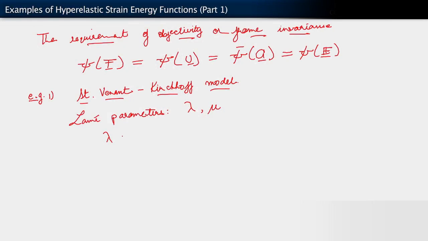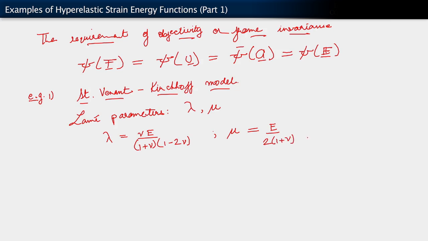Lambda can be written as nu E divided by 1 plus nu times 1 minus 2 nu, and mu is E, the Young's modulus, over 2 times 1 plus nu.